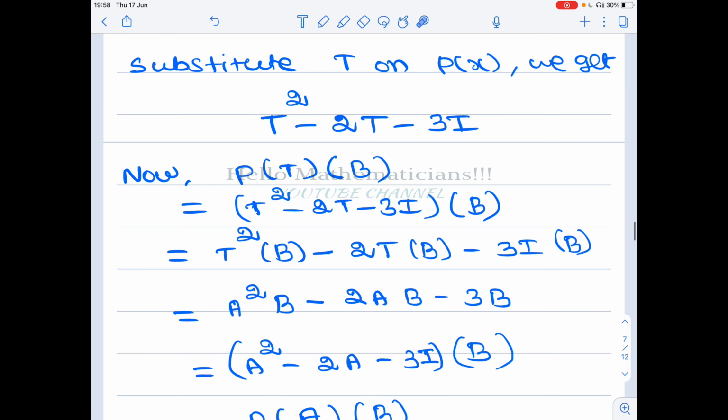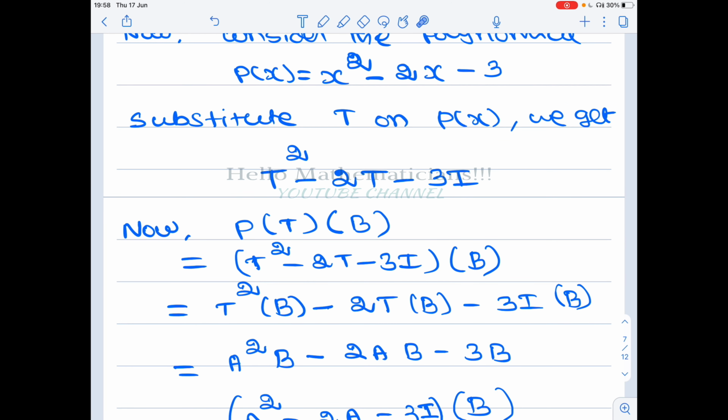Now we calculate what is p of T times B. The linear transformation T substituted in the polynomial p is denoted by p of T. Now what is p of T of B?